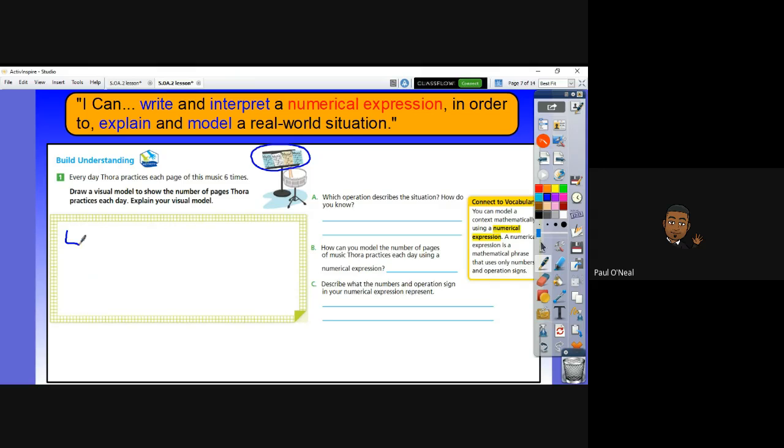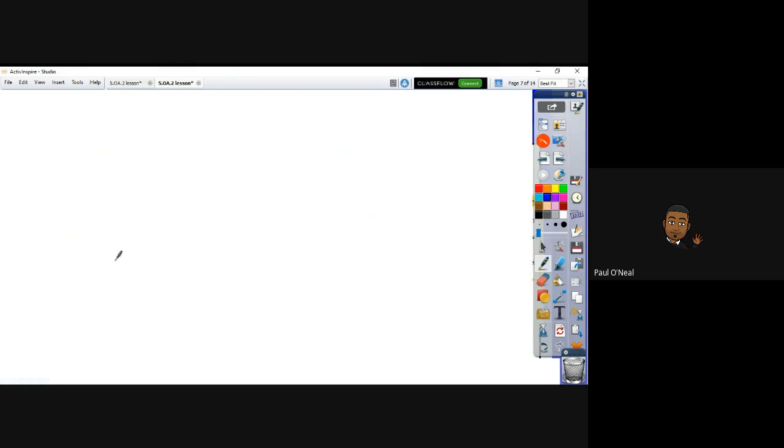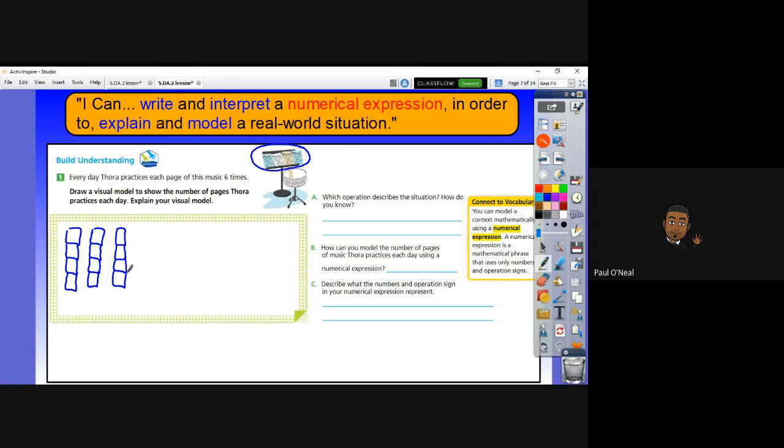I could say 1, 2, 3, 4. 1, 2, 3, 4. 1, 2, 3, 4. And hopefully you can see what exactly I'm doing. I know that there are 4 pages, and she practices each page 6 times.